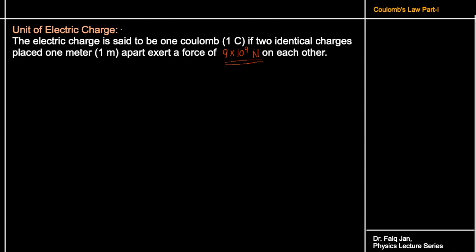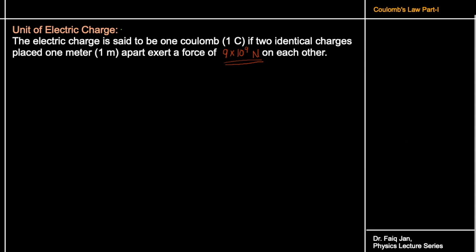Unit of electric charge. The electric charge is said to be 1 coulomb if two identical charges are placed 1 meter apart and they exert a force of 9 into 10 raised to power 9 Newton on each other. Let us do it mathematically.